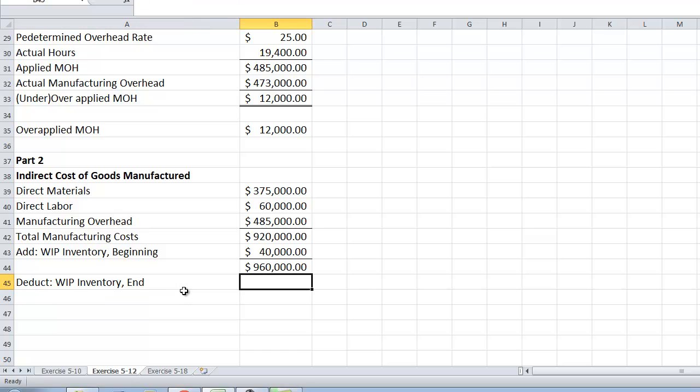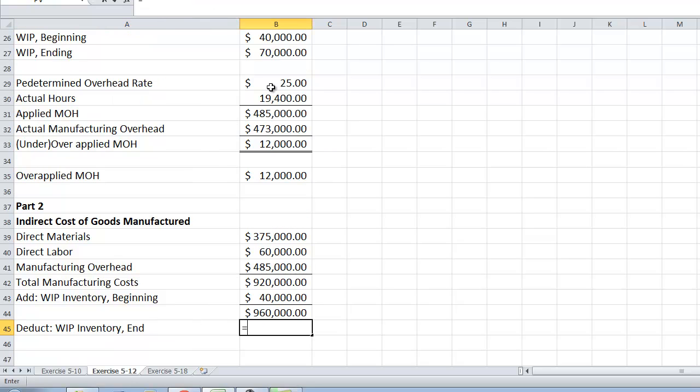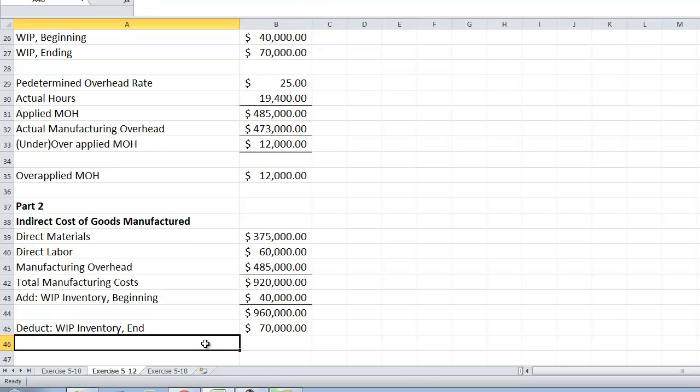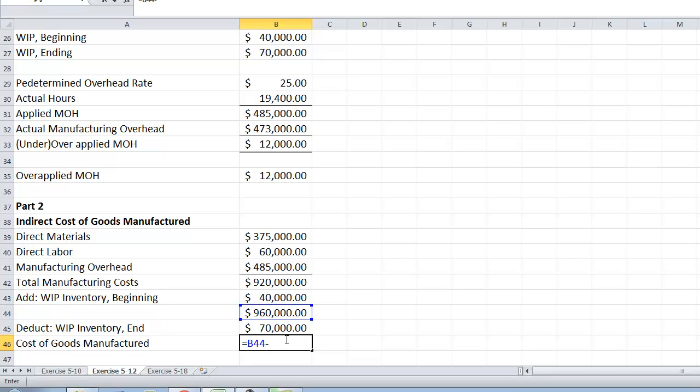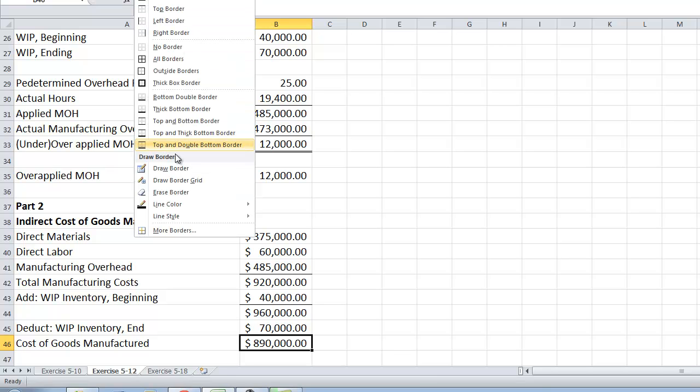We didn't finish manufacturing that. So they gave us a total up here of 70,000. Let's subtract this. And this is our cost of goods manufactured. And we get 890,000.